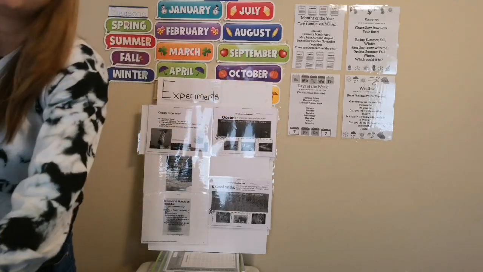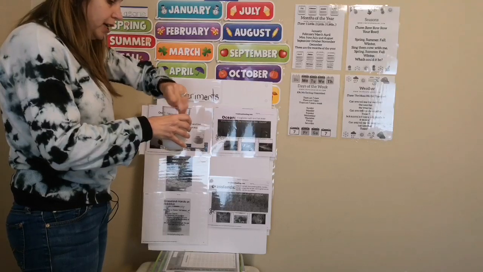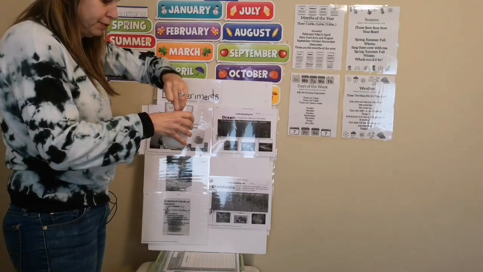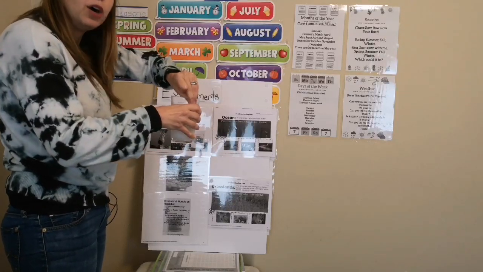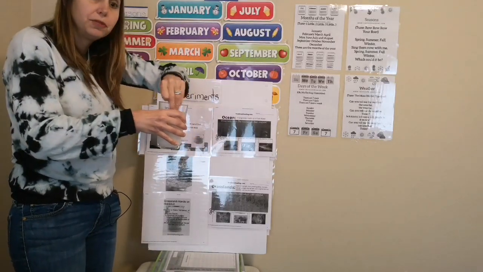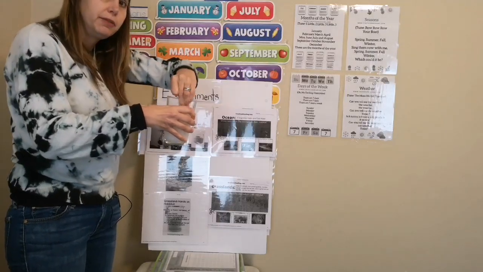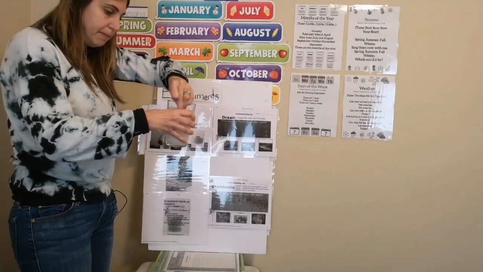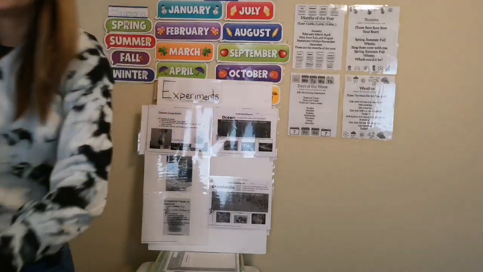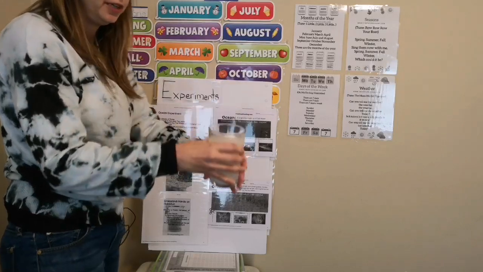Your egg will float in the water because you've changed your water from regular water to salt water. And salt water makes it easier for animals to float. So different animals live in salt water than live in regular water. It's not the same. Let's see. Yep, it's floating.